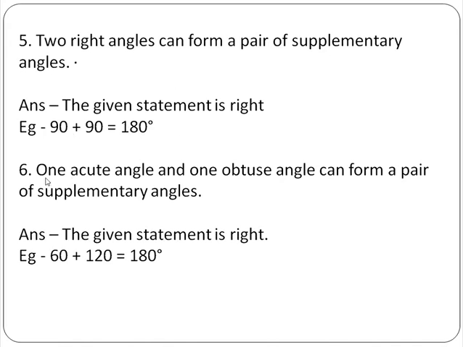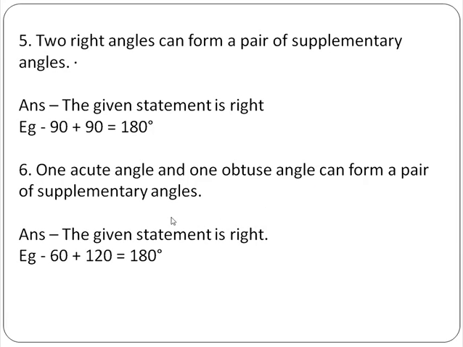Now, last statement. One acute angle and one obtuse angle can form a pair of supplementary angles. Again, the given statement is right. That is, one angle less than 90 degrees and one angle greater than 90 degrees. If you add them, you can get the sum 180 degrees. Again, I am repeating, children. Here it is given can form.